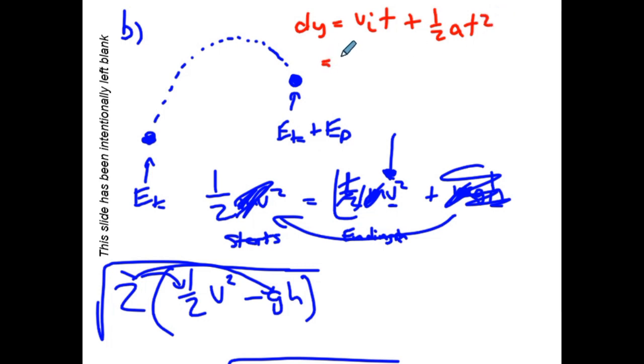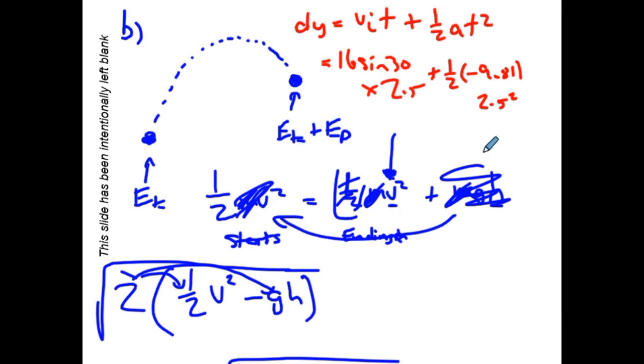Velocity initial was 16 sine 30. We'll multiply that by our time, which was 2.5. And then we're going to add 1/2 of our acceleration, which was negative 9.81, and we're going to multiply that by t squared. So t squared should be 2.5 squared.